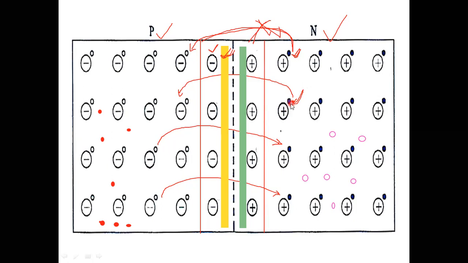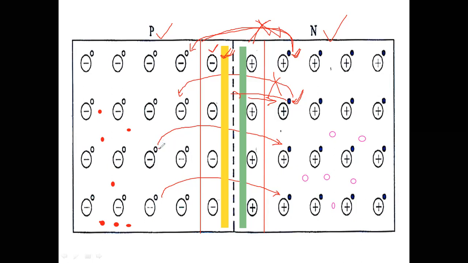Okay, but the negative charge which is accumulated here at the junction will repel this electron. When the electron moves towards this side, immediately it will be repelled back.